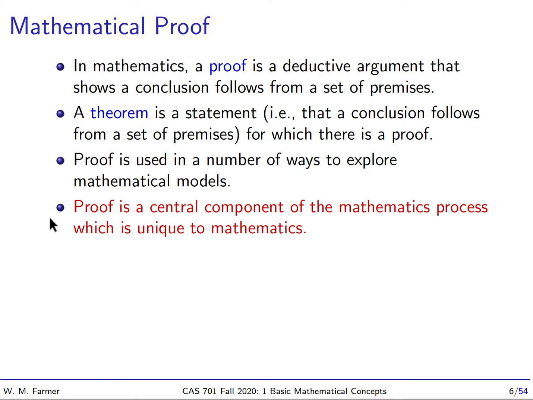And often when we're trying to prove the conjecture, we find out the conjecture is false, but the proof helps us modify the conjecture, and then we try to prove it again, and in time we end up with a conjecture that is true and a proof that shows that it is true. So proof is the central component of the mathematics process. And it is what separates mathematics from pretty much every other endeavor. It is the power behind mathematics.